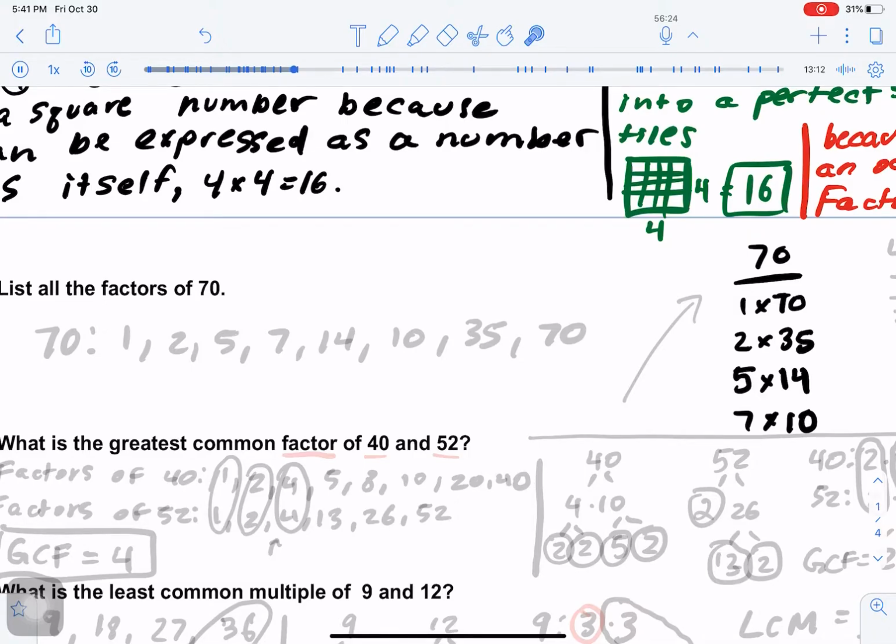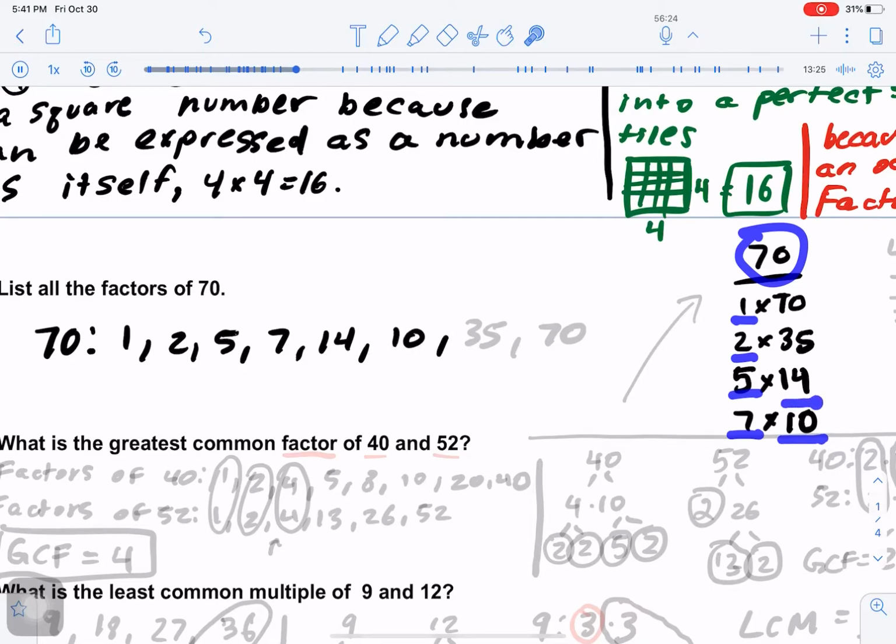So I'm going to go ahead and list them in order and say the factors of 70 are 1, 2, 5, 7, 10, 14, 35, and 70.